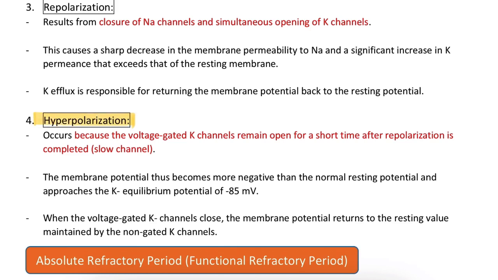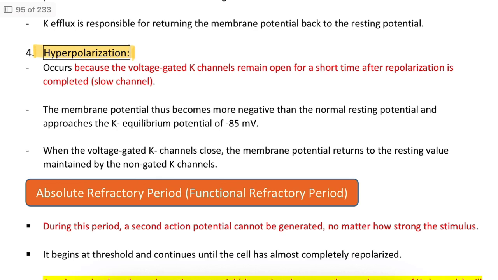Next one, hyperpolarization. In hyperpolarization, the after potential, potassium channels are slow to close, so extra potassium leaks out. The membrane becomes more negative than minus 70 millivolts, up to minus 85 millivolts. Eventually the potassium channels close and the membrane returns to resting potential via leak channels.